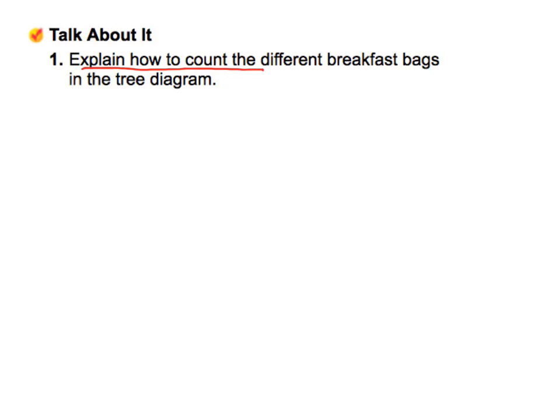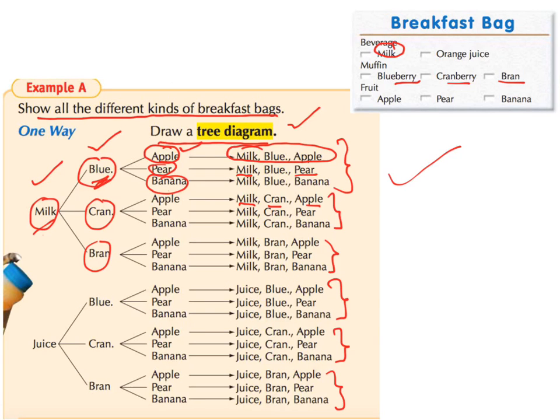Explain how to count the different breakfast bags in the tree diagram. Let's look at the tree diagram. How do we count the total number of choices you have? We count the last branches of the tree. So how many are there? 1, 2, 3, 4, 5, 6, 7, 8, 9, 10, 11, 12, 13, 14, 15, 16, 17, 18.